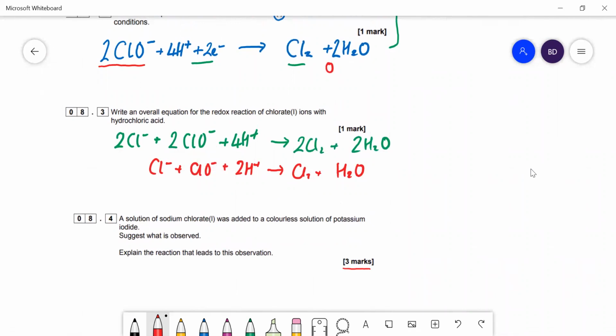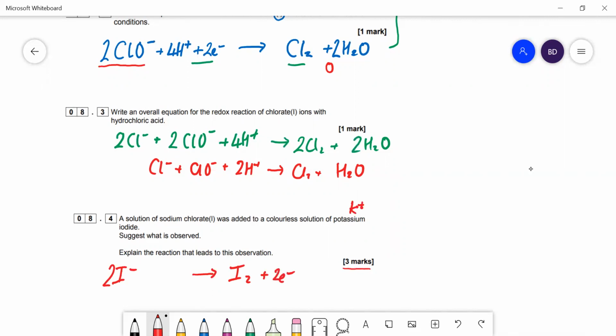And what you've got is iodide ions. Obviously the potassium ions, they're not going to do anything, forget about them, but iodide ions can be oxidized. What can they be oxidized to? Well, to iodine. So that's going to go to I2, and we're going to have to put the 2 electrons on that side of the equation.